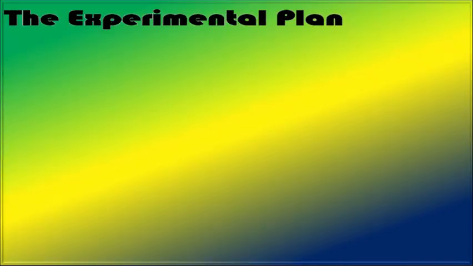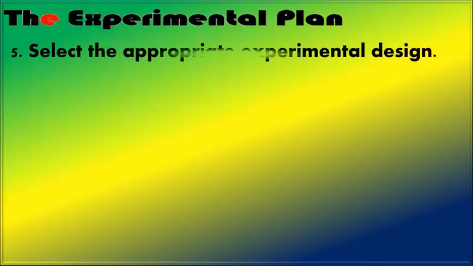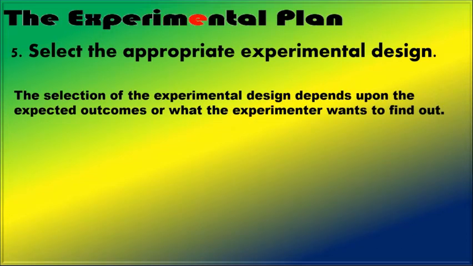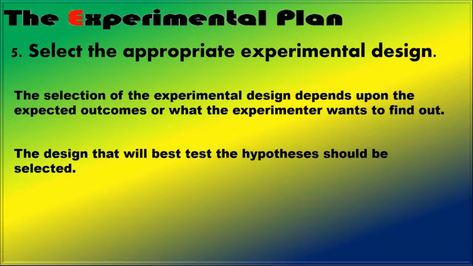The next step is to select the appropriate experimental design. The selection of the experimental design depends upon the expected outcomes or what the experimenter wants to find out. In other words, the design that will best test the hypothesis should be selected.